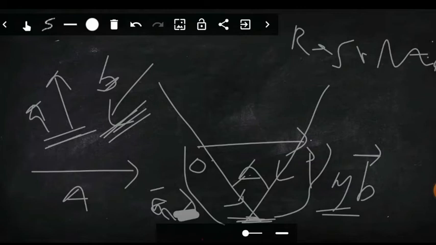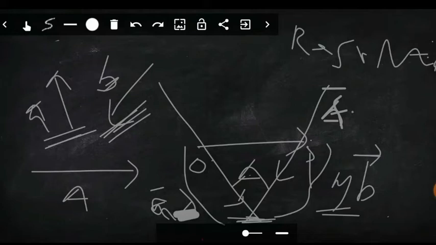Okay. Then here if we consider this triangle law of vector addition or parallelogram law of vector addition, the vector A can be expressed as the sum of these two small vectors a and b.